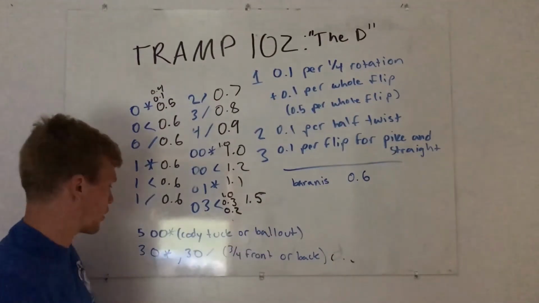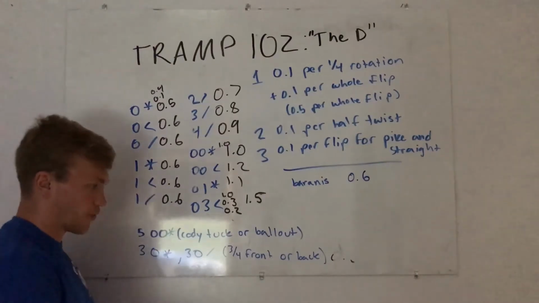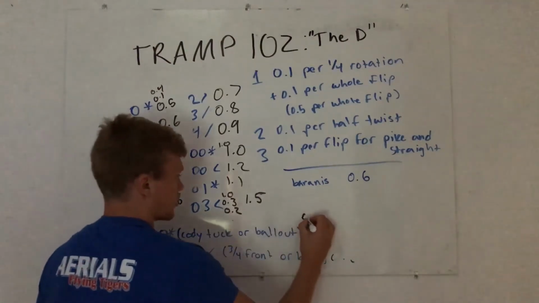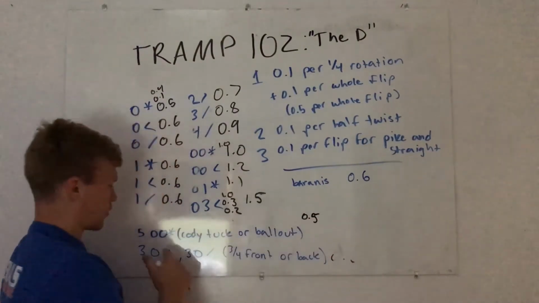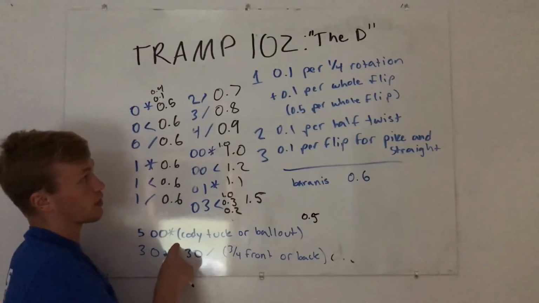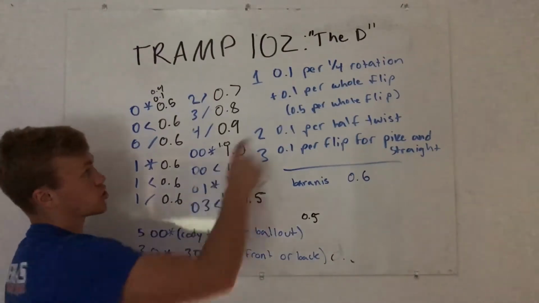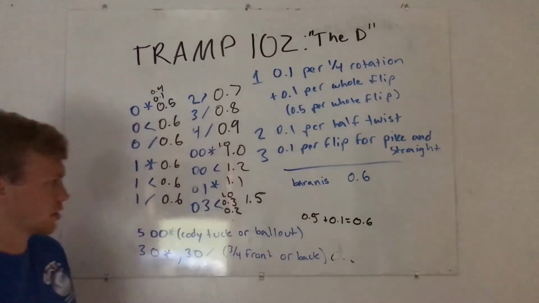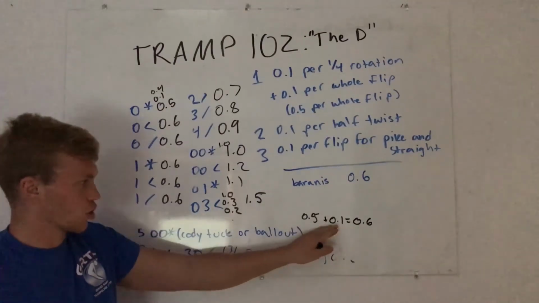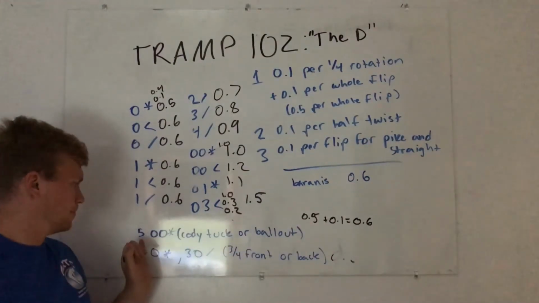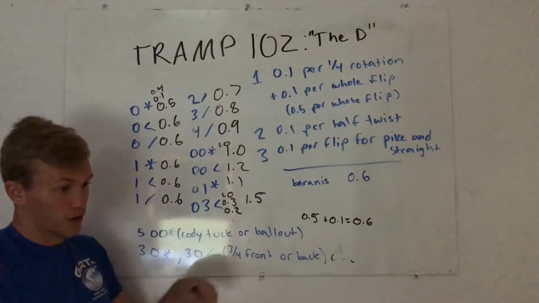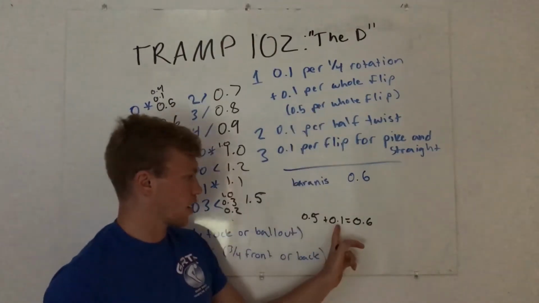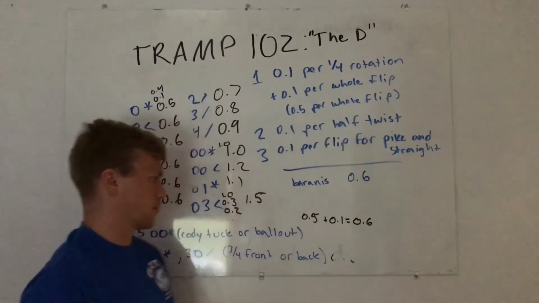A Cody tuck or a ball out, which will be a 5-0-0 in the longer version of shorthand, which you saw in the last video, is going to be 0.5 for the first 4 quarter rotations, and then the last quarter rotation is just going to be 0.1, equals 0.6. So the Cody or a ball out is 1 1/4 rotations, which means there's exactly 1 flip which you get the bonus for, and a quarter flip which you do not get the bonus for in step number 1.